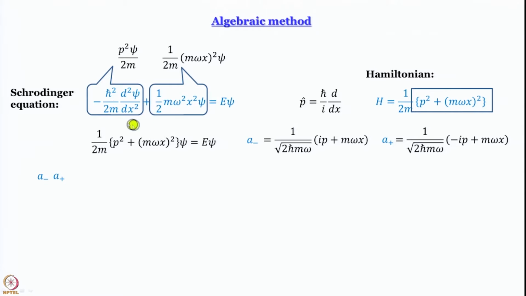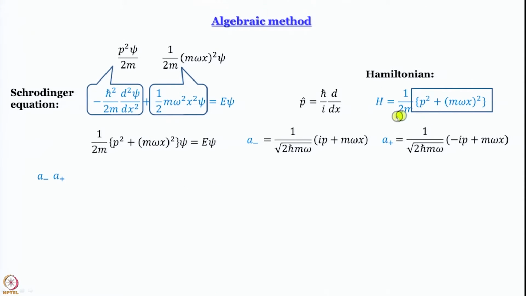And then for further simplification we have rewritten the second term as 1 by 2m into the square of m omega x operating on psi, that is equal to E psi. So, this is the modified Schrodinger equation we got: 1 by 2m, p square plus m omega x whole square, whole thing operating on psi gives us E psi.